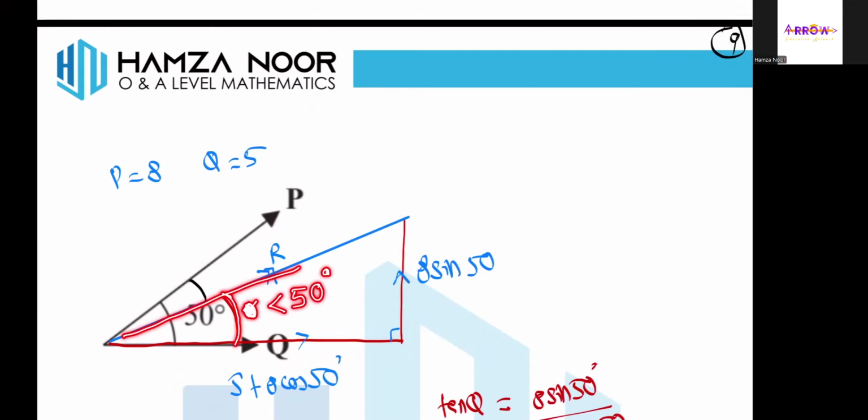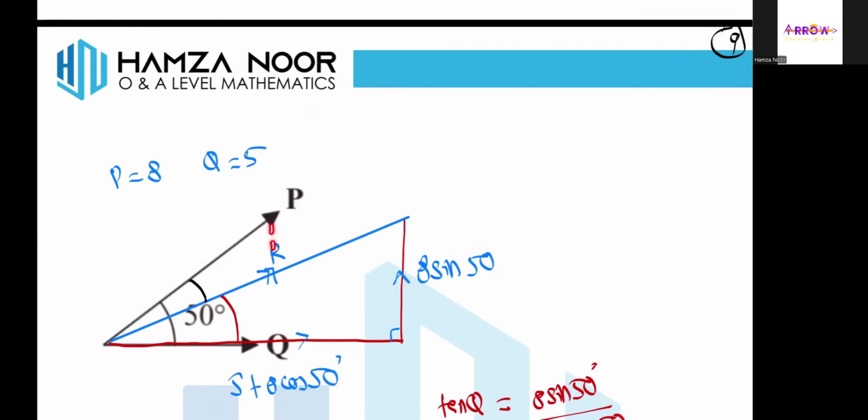This makes sense or not? We can say this with surety that whatever the angle theta would be over here, it would be below 50 degrees. This makes sense according to this sketch. Because P sine 50 and 8 sine 50 are the same thing, right?